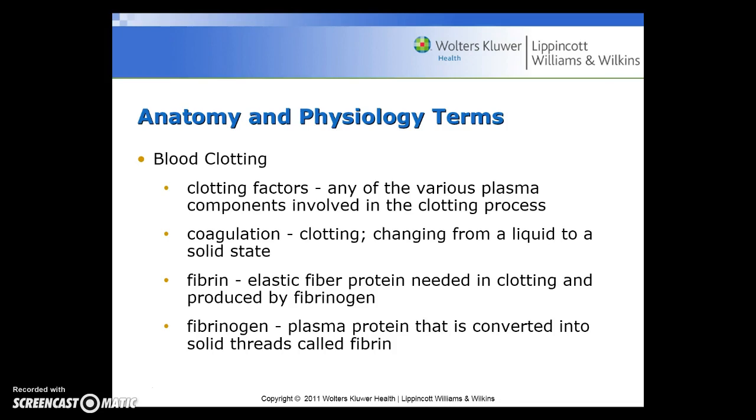Coagulation, clotting, is the changing from a liquid to a solid state. Fibrin is the elastic fiber protein needed in clotting and produced by fibrinogen. And fibrinogen is the plasma protein that is converted into solid threads called fibrin.